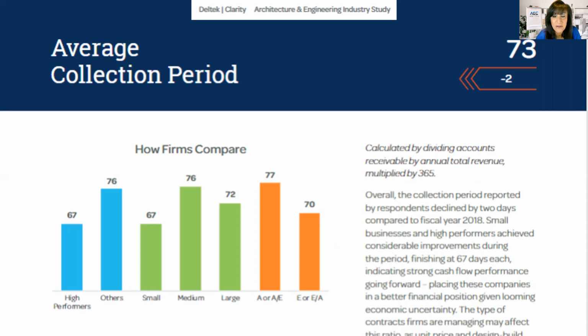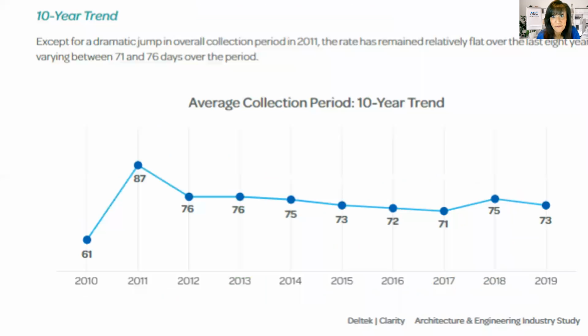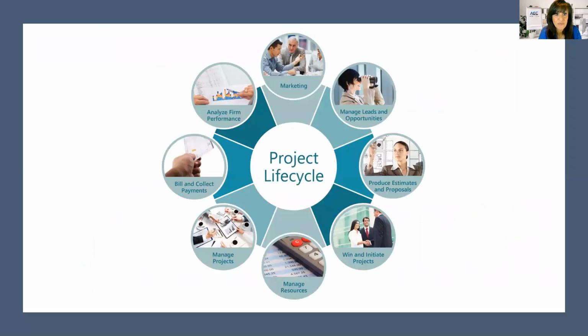And finding out those reasons is a very important aspect of getting paid faster. Really, the 10-year trend has not changed a lot in the last 8 or so years. It's kind of hovered around in the 70s as far as Deltek's calculations, based on the Deltek Clarity survey that they did of A&E firms.